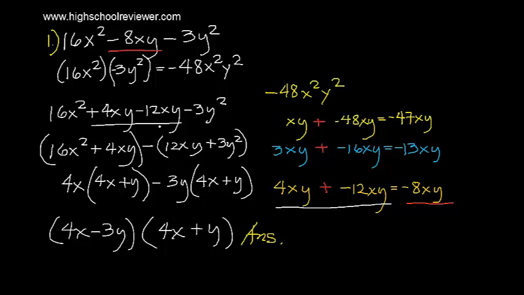Now this is minus because positive multiplied by negative is equal to negative. So minus 12xy minus 3y squared. And then we are going to combine some terms that can be factored out. We can combine 16x squared and plus 4xy since 4x is common between the two terms. And then we will have here minus.